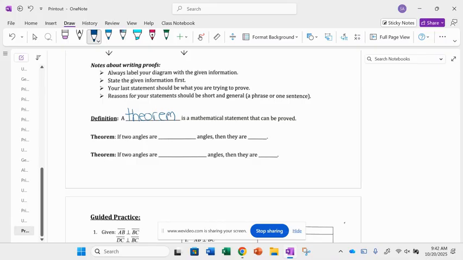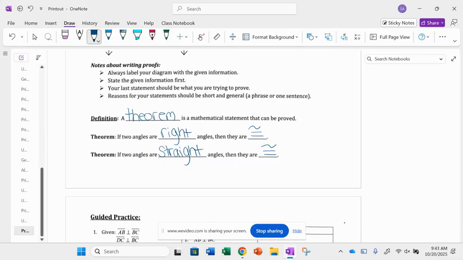The first theorem is if two angles are right angles, then they are congruent. And the next theorem, if two angles are straight angles, then they are congruent. All right, so these are theorems, and theorems are mathematical statements that can be proved.